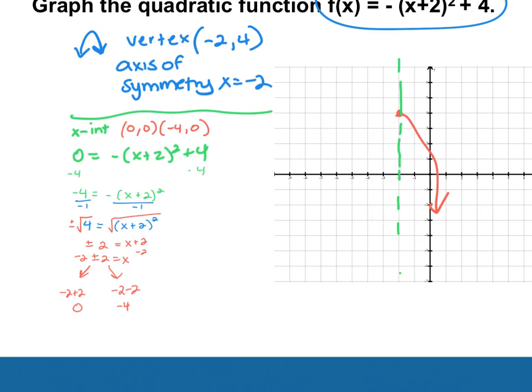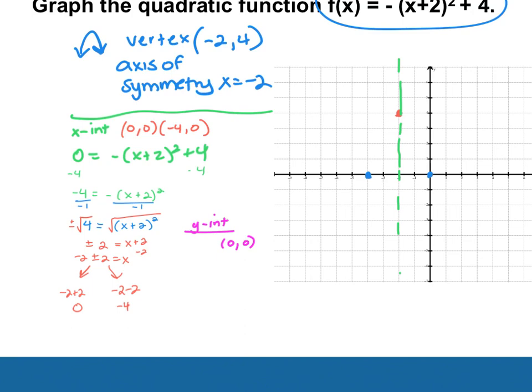I can plot these points, 0, 0 and negative 4, 0, which confirms my symmetry. What's going to happen to my y-intercept? Do I know it already? 0, 0, yes. But let's go through the motions because it's not always going to happen that way.